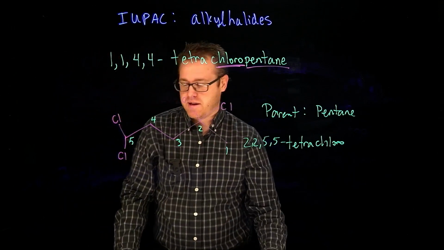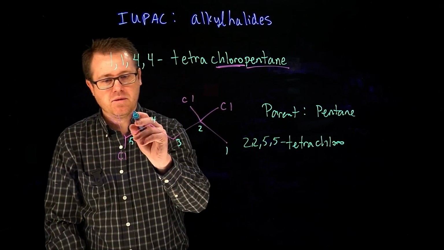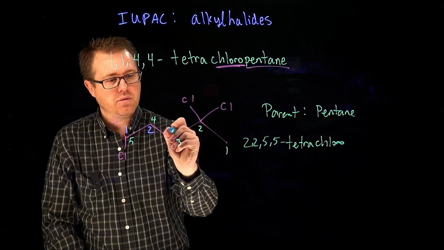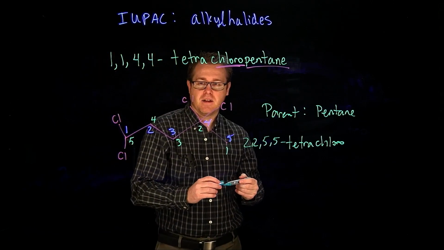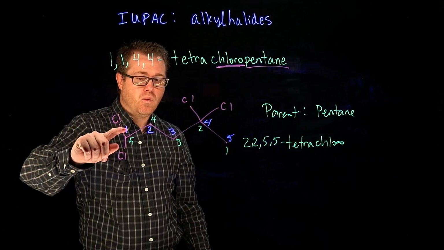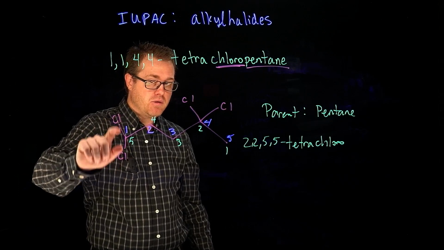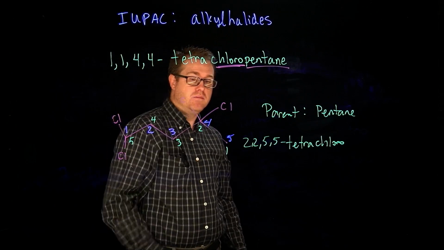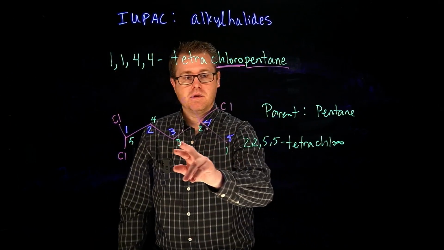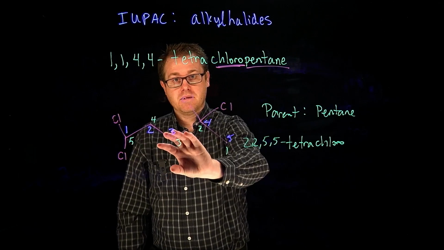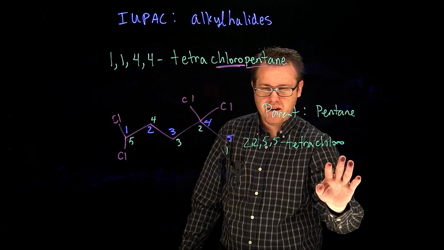Well, I numbered it wrong. I had to number it in the opposite way. 1, 2, 3, 4, 5. And why is that? Because in the blue 1, I bump into our first substituents, the 2 chloros, at carbon 1. So I drew it right, but then I kind of made a mistake with how I was naming it.